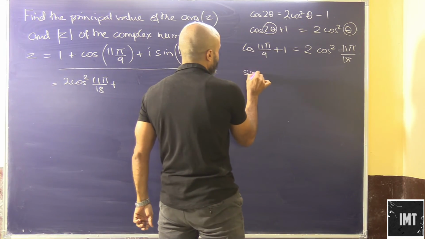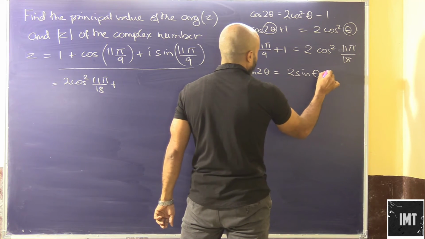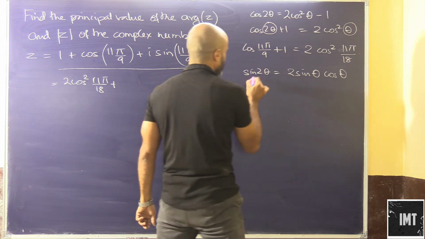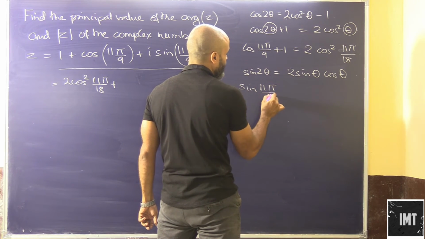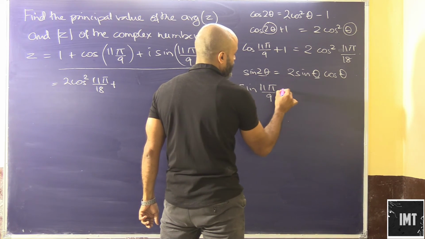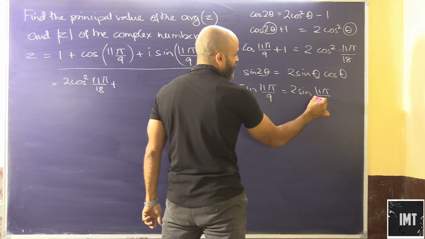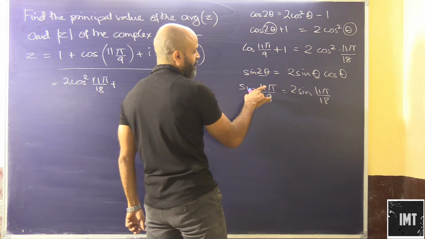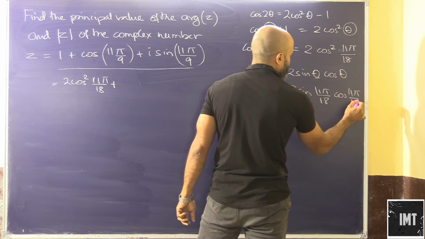So this entire term we can write as 2 cos square 11 pi by 18 plus, if I take this, we know that sin 2 theta is equal to 2 sin theta cos theta. So for sin 11 pi by 9, with 2 theta being 11 pi by 9, this will be 2 sin 11 pi by 18 into cos 11 pi by 18.